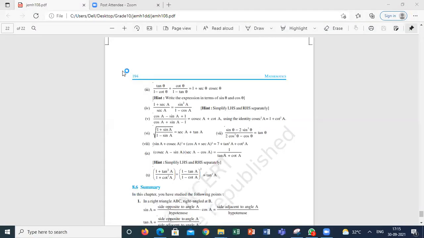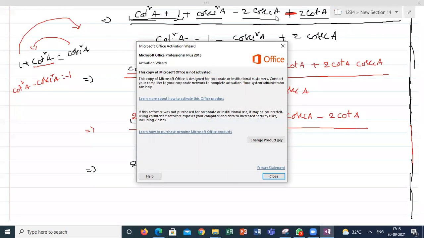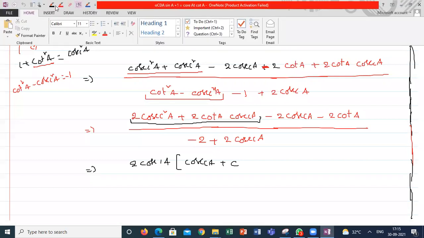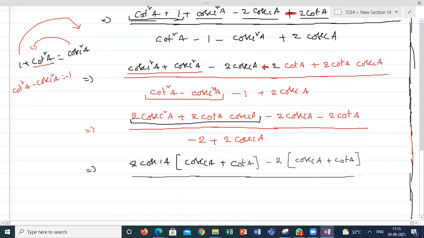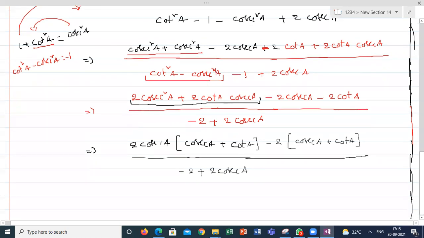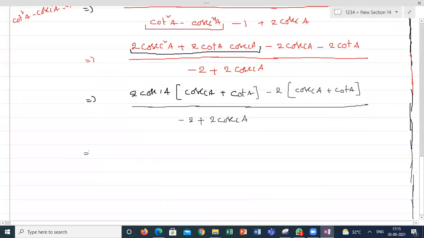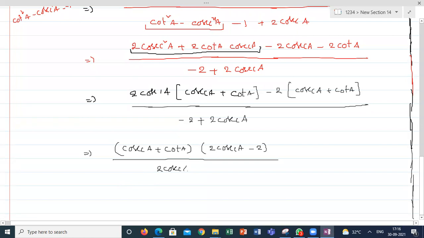Once again, students, I will get cosecant A plus cot A. If I take minus 2 common here, cosecant A plus cot A. And the denominator is 2 minus 2 plus 2 cosecant A. So in the numerator, taking cosecant A plus cot A common, the remaining is 2 cosecant A minus 2, whole divided by this, which is also 2 cosecant A minus 2.